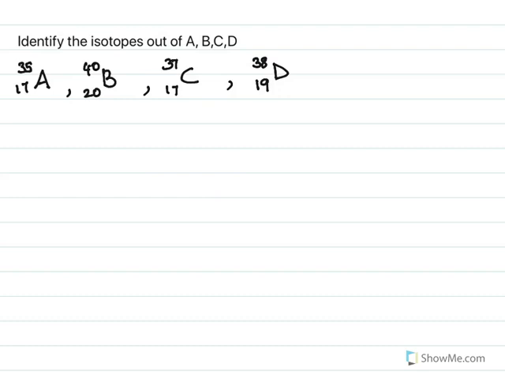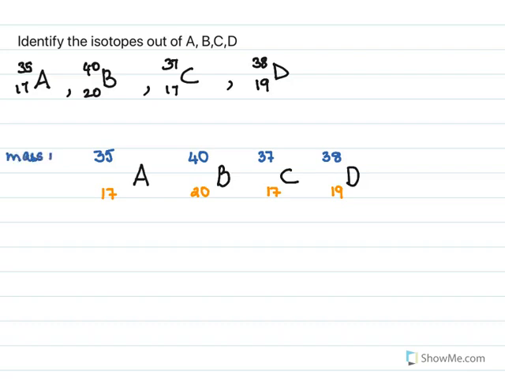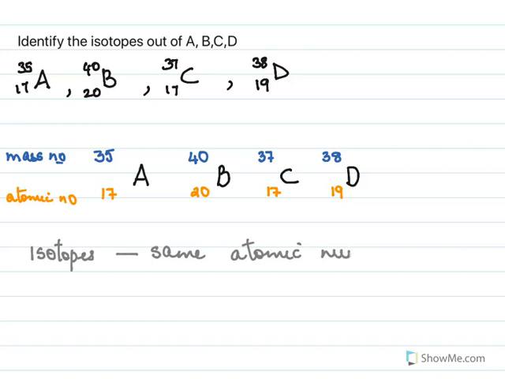Identify the isotopes. So these are the elements. We have got to identify the isotopes. So the numbers in the blue are the mass numbers, and the numbers in the yellow lower are the atomic numbers. Now isotopes are elements that have the same atomic number.